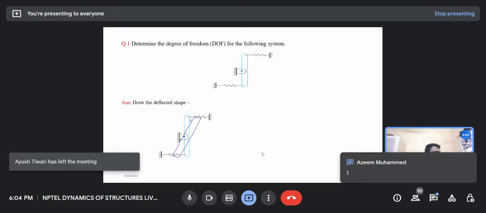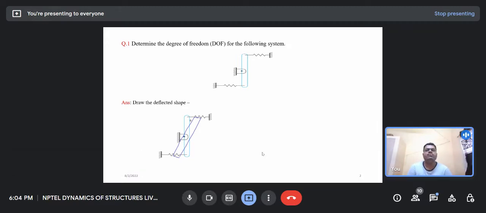Okay, in the chat box I can see the answer one, because if we give the theta rotation in the clockwise direction, the deformation in both the springs can be expressed in terms of theta.